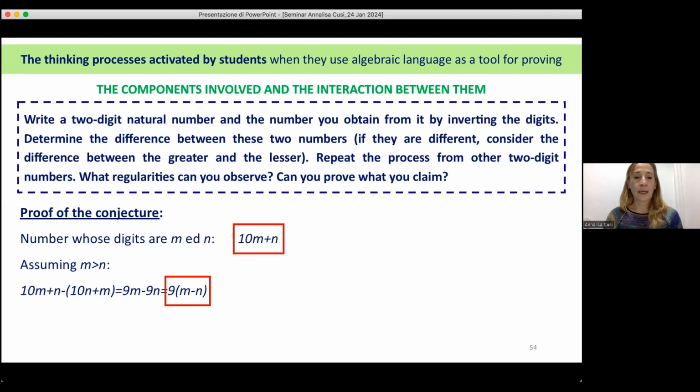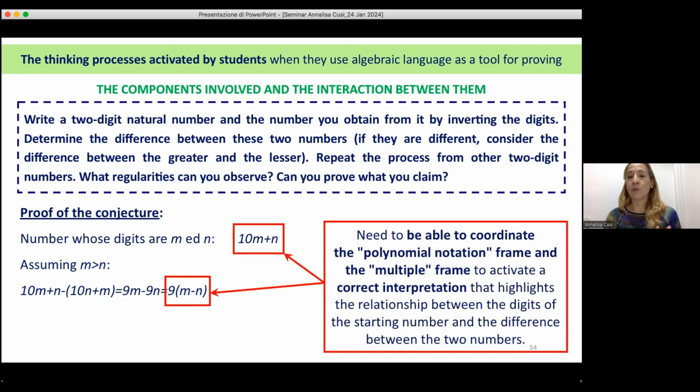At the end, again, students should be able to coordinate the polynomial notation frame activated at the beginning with the multiple frame to reflect on the role played by the two digits, M and N, in particular by their difference, in the results that are obtained.